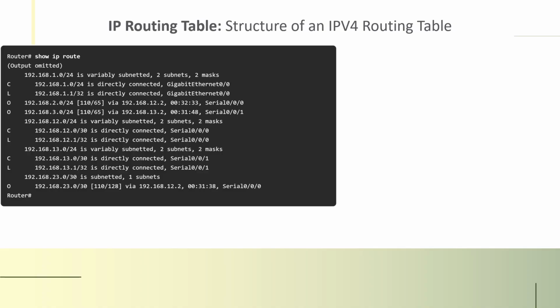Here in the show ip route output, we can see that some route entries are left justified while others are indented. This is based on how the routing process searches the IPv4 routing table for the longest match. This was all because of classful addressing. Although the lookup process no longer uses classes, the structure of the IPv4 routing table still remains in this format.